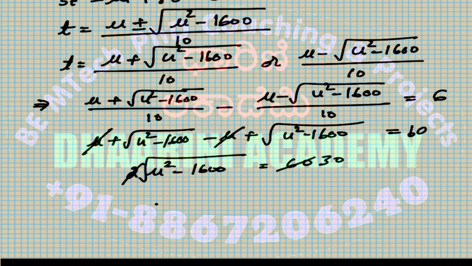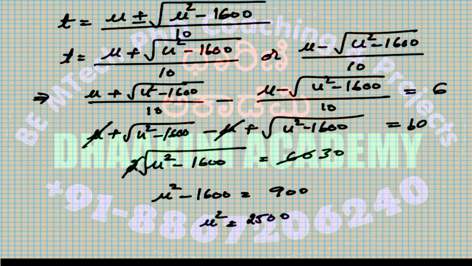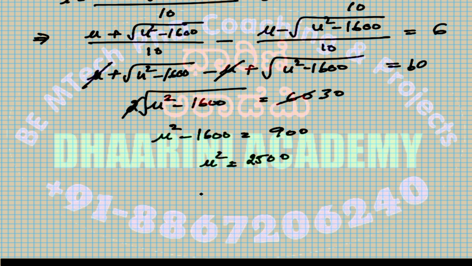Therefore I will square both sides. So u square minus 1600 equals 30 square, which is 900. So u square becomes equal to 2500. So u should be equal to plus or minus root of 2500, that is plus or minus 50 meters per second.